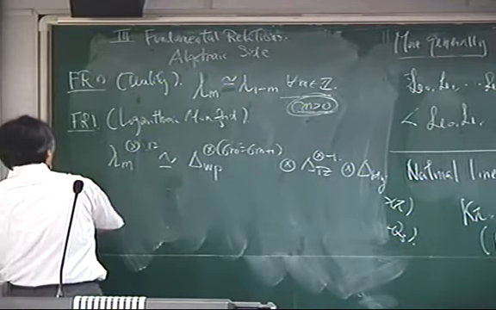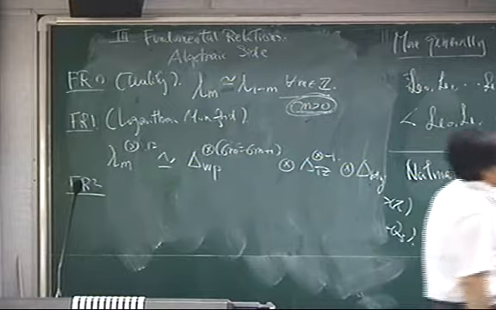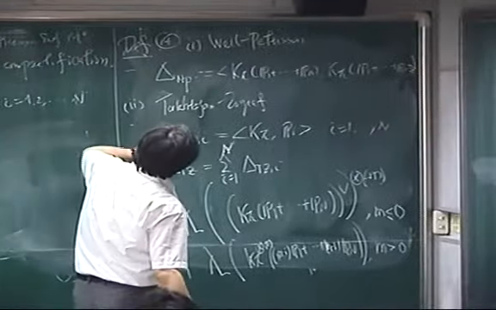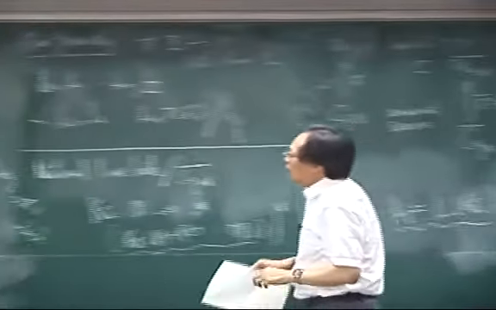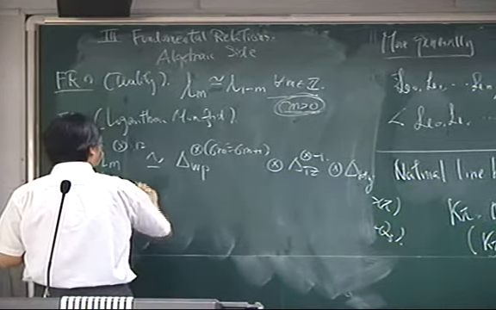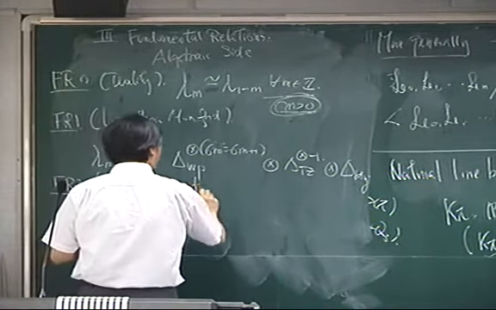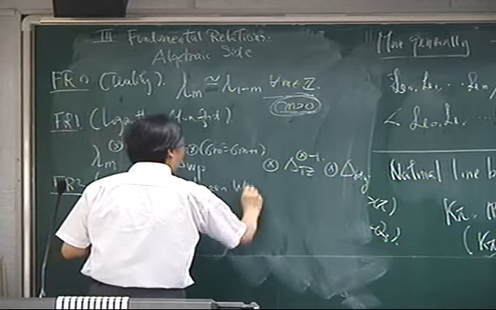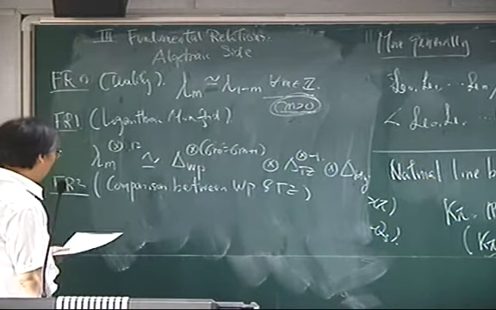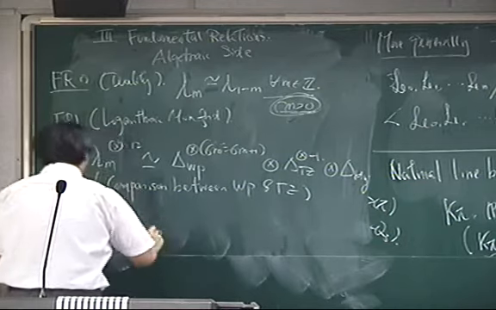And you can also compare this Weil-Petersson line bundle and Takhtajan-Zograf line bundle. And the comparison between Takhtajan-Zograf and Weil-Petersson is given by this bundle.